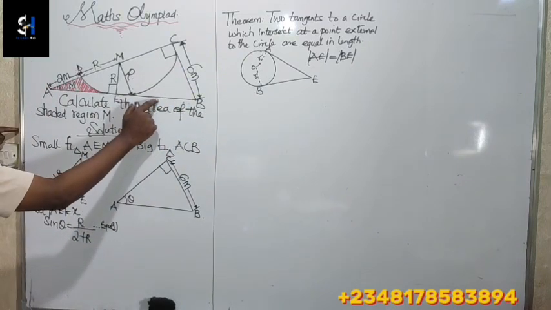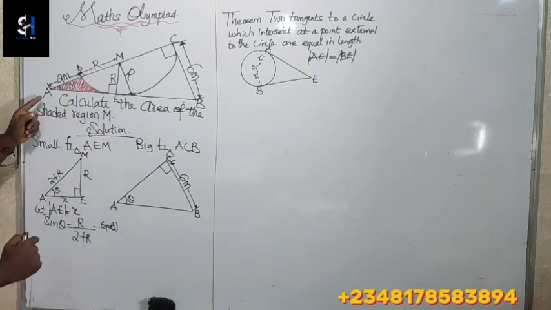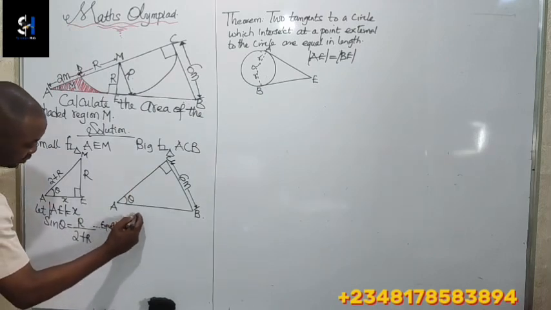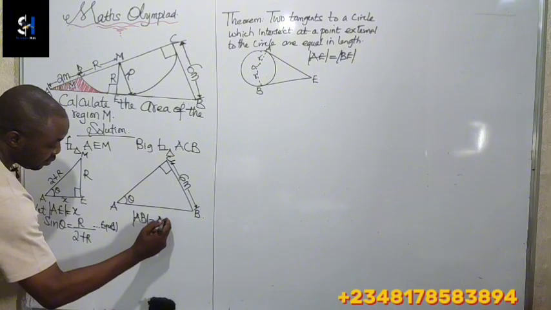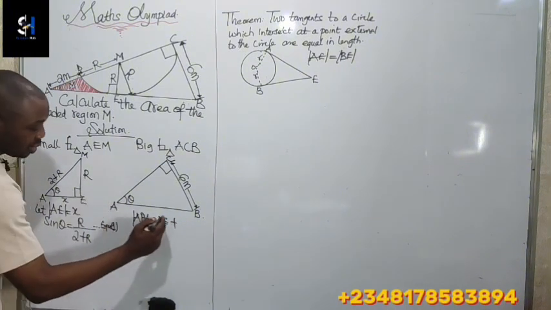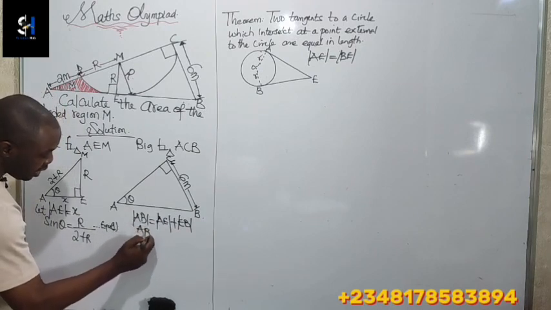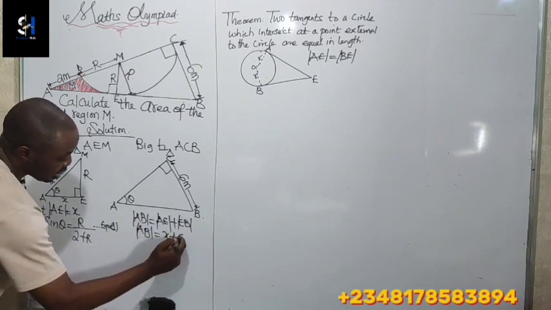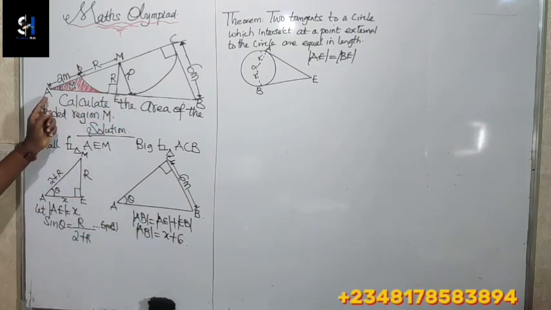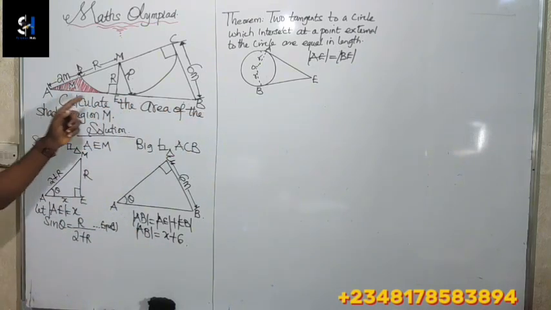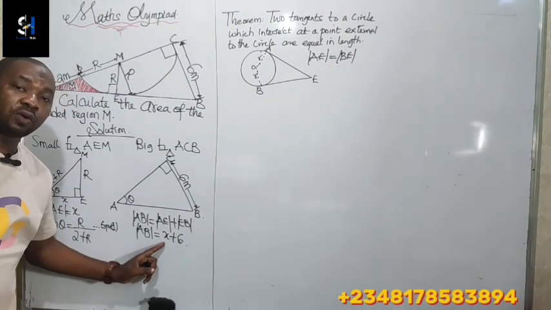When we add 6 meters to AE, because we know that side AB would be AE plus EB, we then have AB equal to x plus 6. So x plus 6 is what we have as the length of side AB. Remember, we're going to find the value of x.